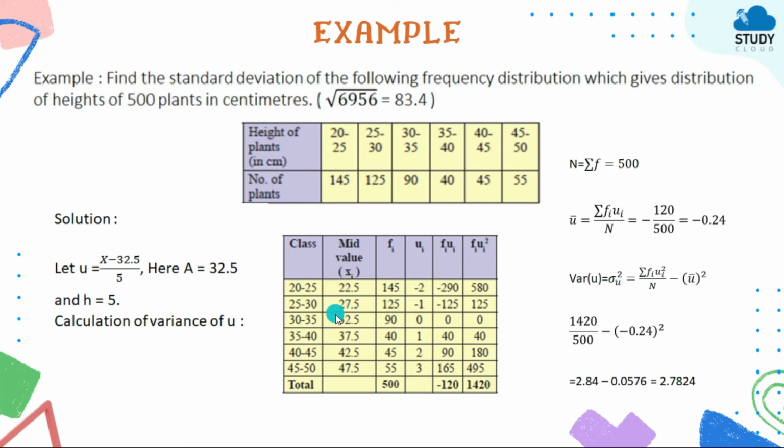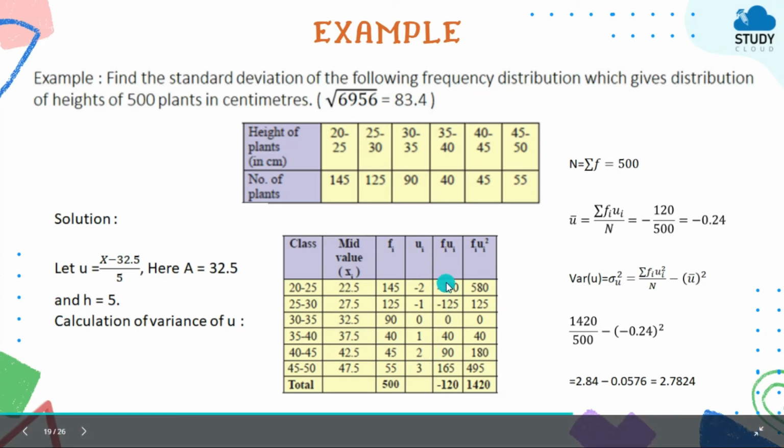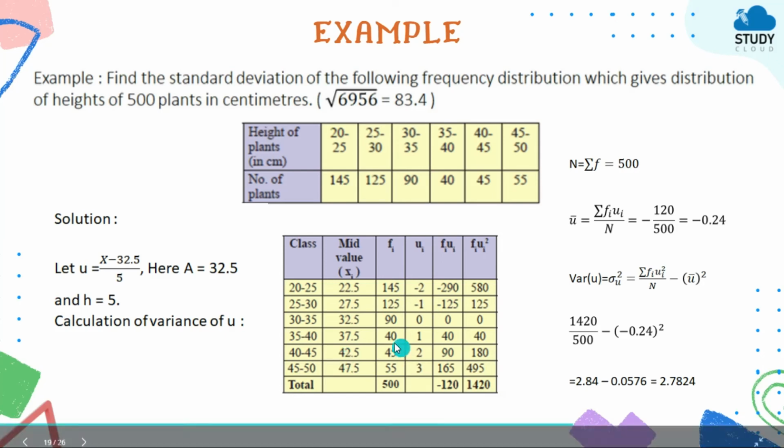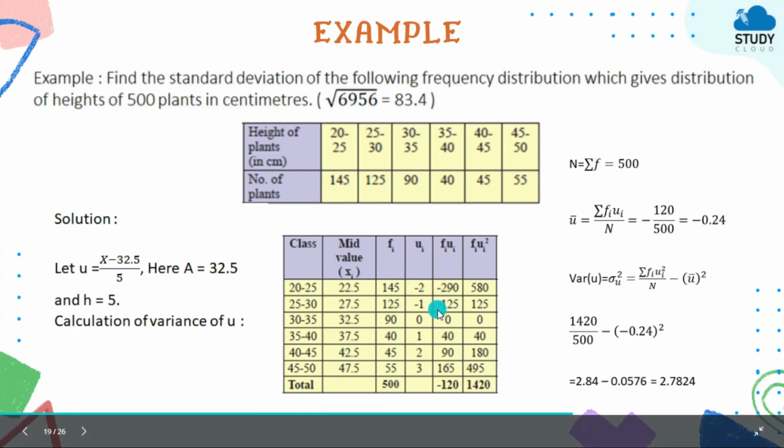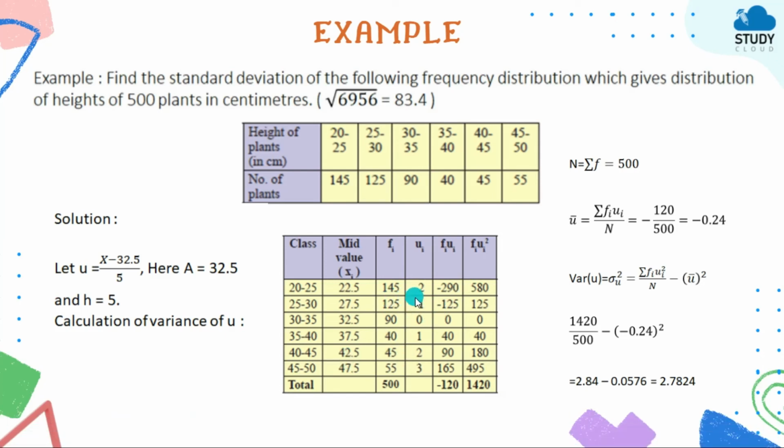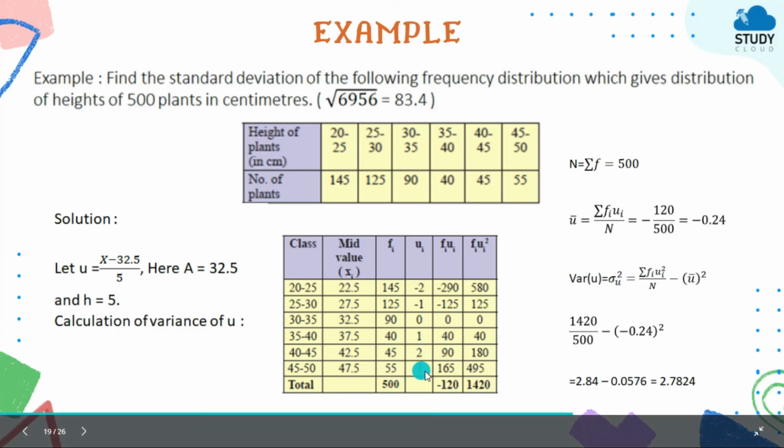Then 27.5 minus 32.5 upon 5, you will get minus 1, and keep on solving. So you got 0, 1, 2, 3. Then you will do f into u, multiplying both these rows. So you get 145 into minus 2 as minus 290, 125 into minus 1 as minus 125, and keep on multiplying, you will get the solution.